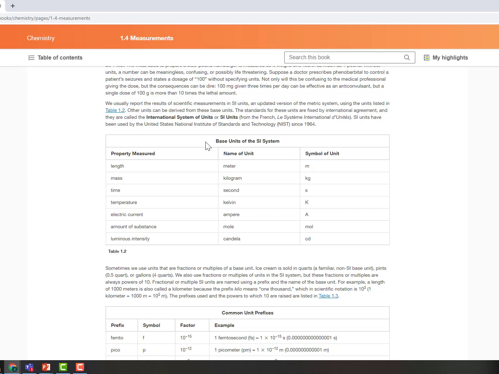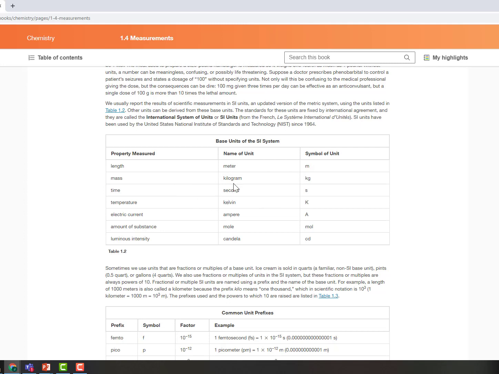We in the United States are kind of the exception, and we've been trying to move in this direction since I was a child and have not had success. So we still use miles and pounds, whereas in the SI system, units like meters for length are used. For mass, we would have kilogram. Second is the same for time.